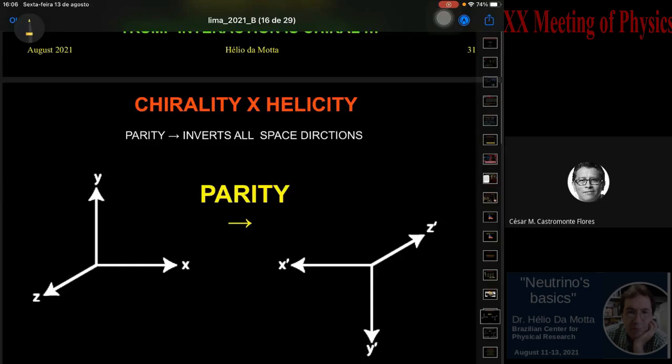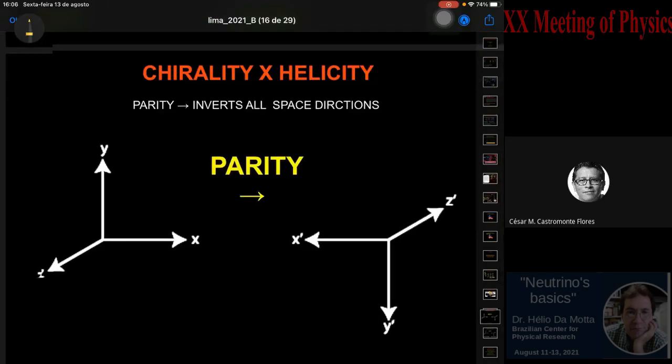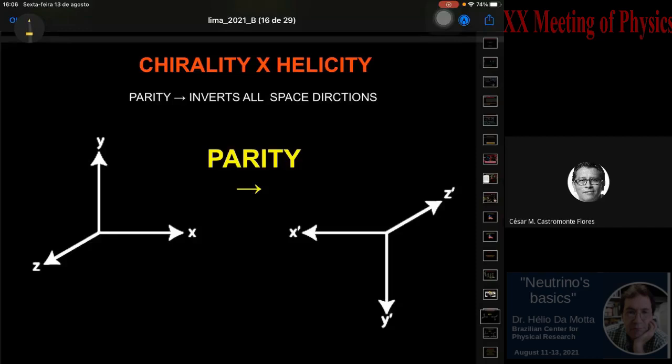Okay? Let's see what happens here. Here I have a system with the x, y, and z axes. Let's make an operation that they call the parity operation. What I do is very simple and it looks trivial. I just invert x, I invert y, and I invert z.